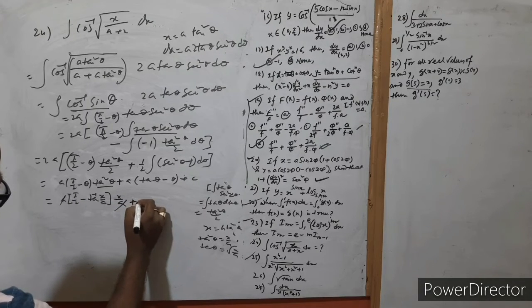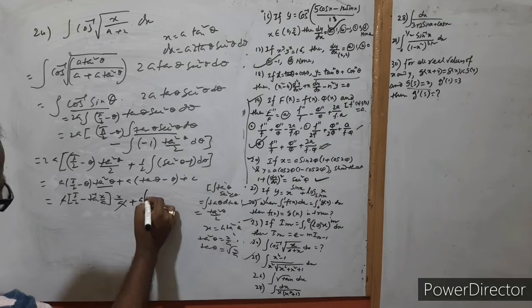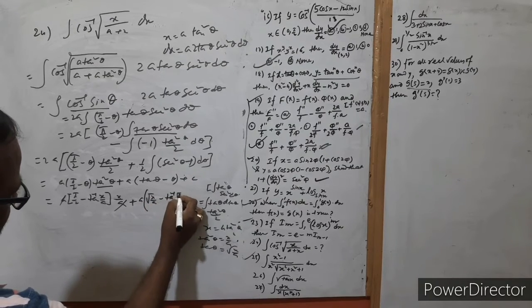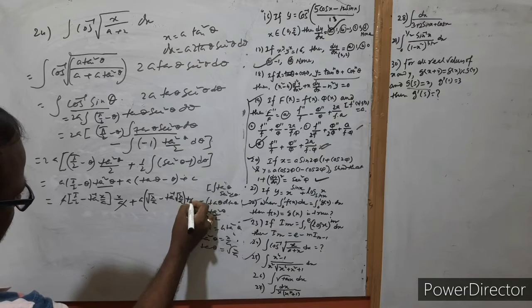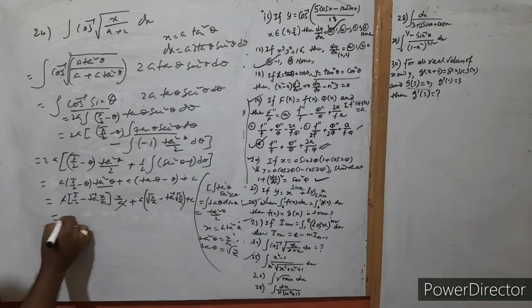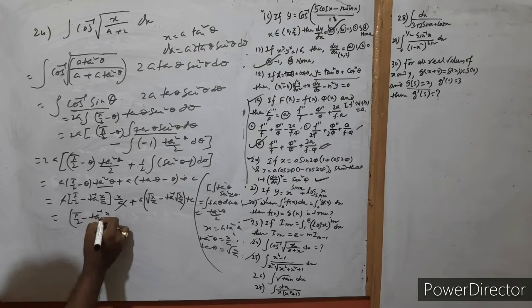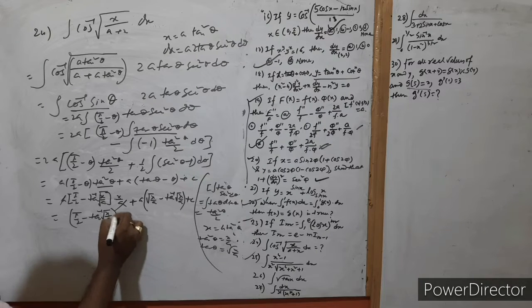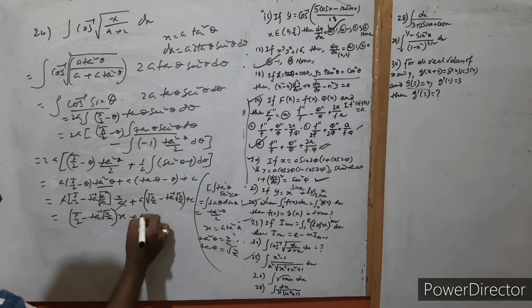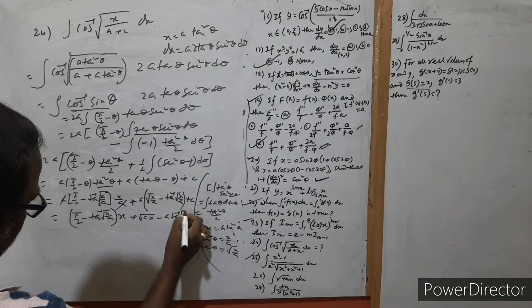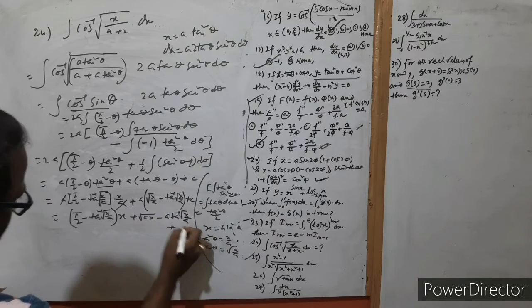So tan θ means root over x by a, and θ means tan inverse root over x by a and plus c. Okay, see, this is π/2 minus tan inverse root over x by a. Sorry, this is x, and if you multiply a, then we get ax minus a into tan inverse root over x by a plus c.